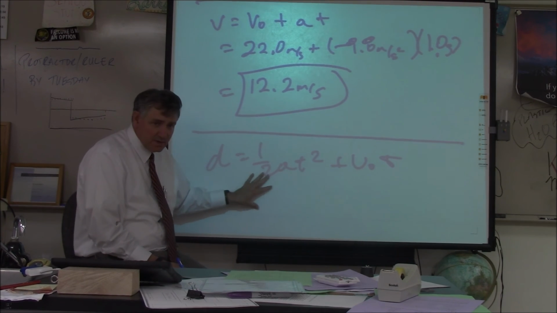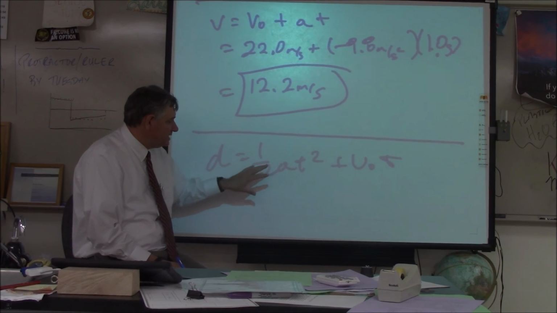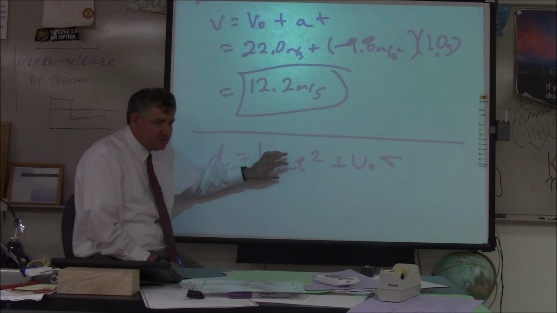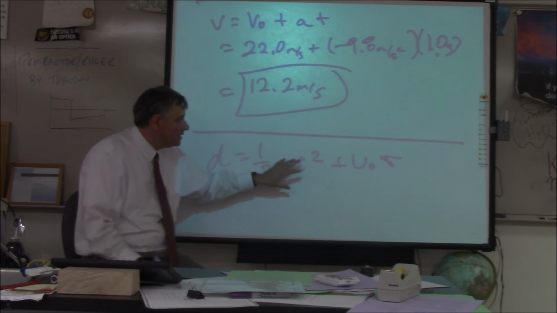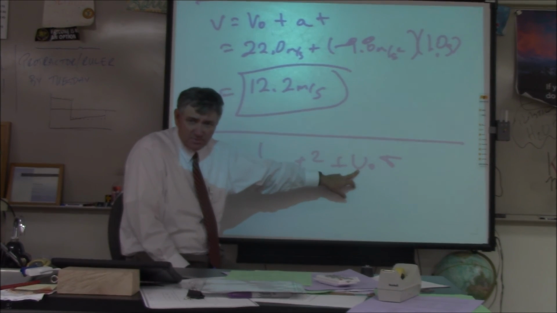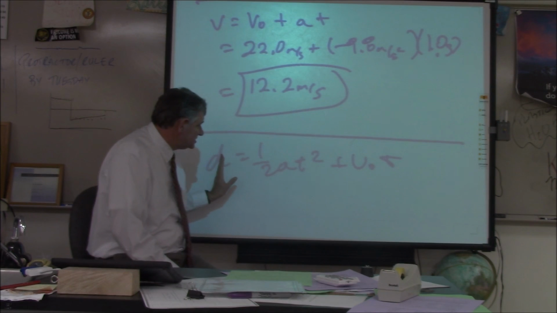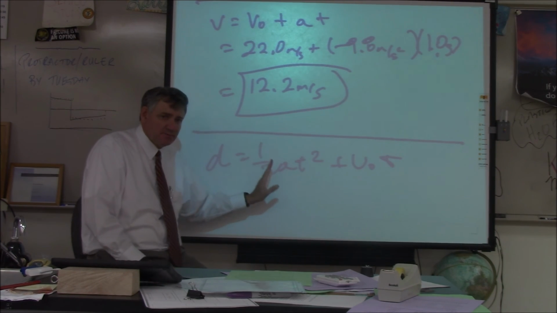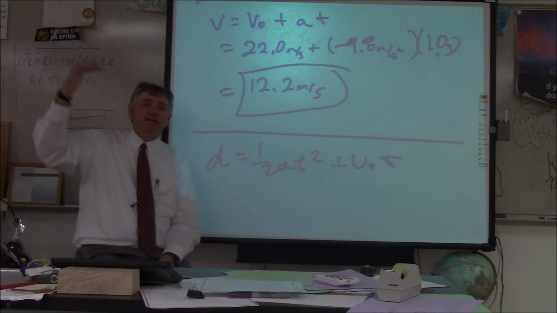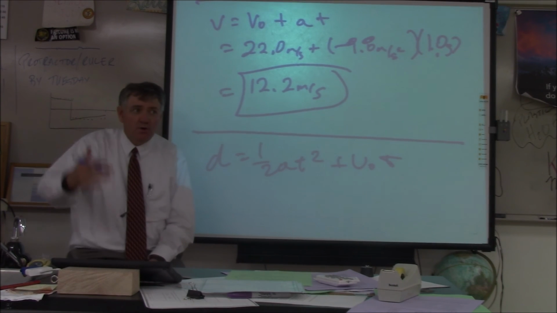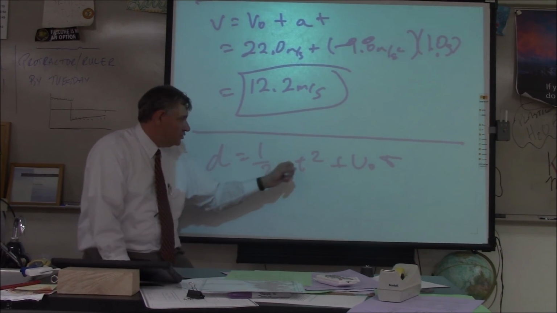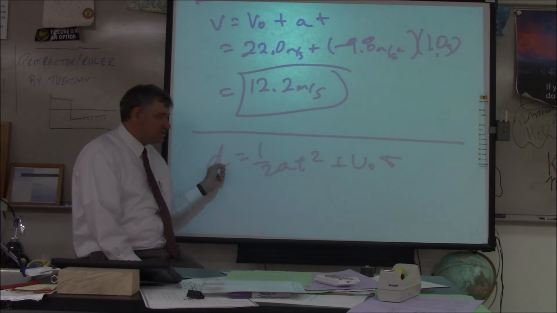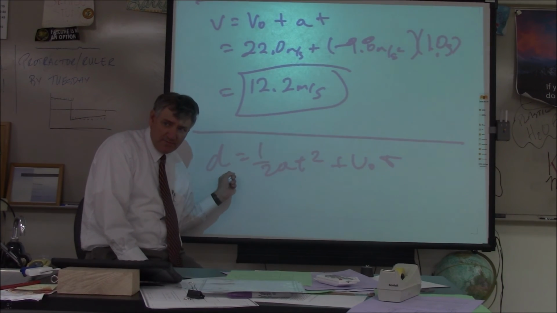So what you want to look at here is that, number one, you have to use negative 9.8 meters per second squared here. Otherwise, you're going to get numbers that are too big. That initial velocity is 22 meters per second. So what this does is that it allows you to keep track of height at any point in time. Okay? 1 second, 2 seconds, 3 seconds, whatever time it is, you can put this in here and generate the value of your height at this point.